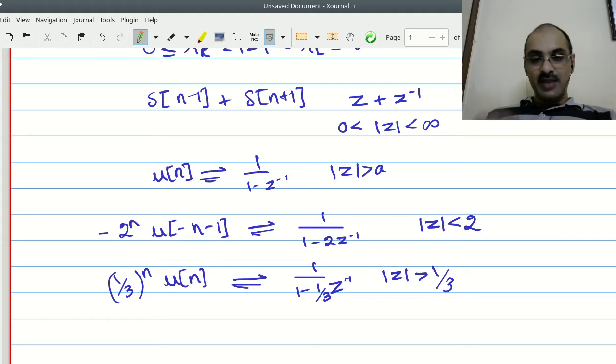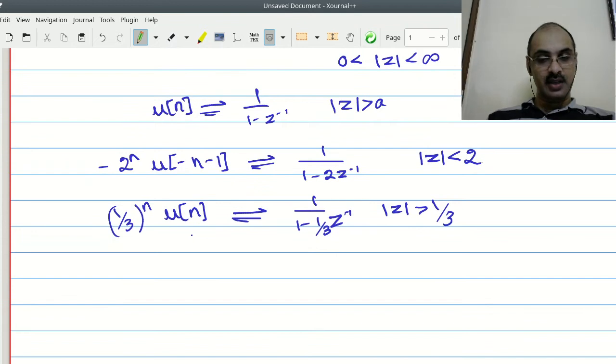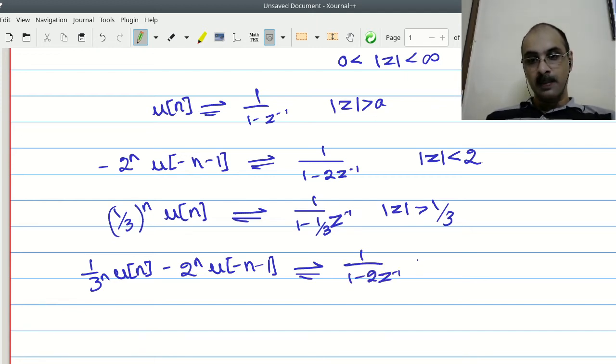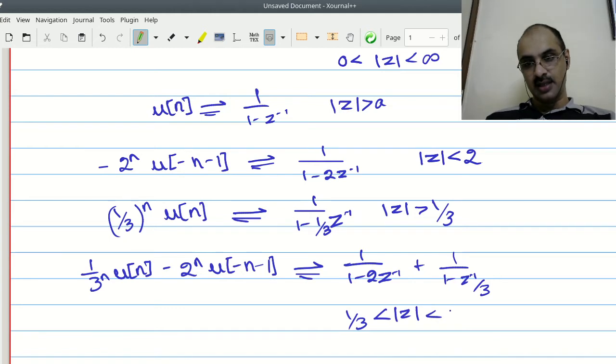So one thing we can do is we can add these sequences up, and if you do that, let us consider the sequence 1 by 3 to the power n u[n] minus 2^n u[minus n minus 1]. If you consider this sequence, then you are going to get 1 by 1 minus 2 z inverse plus 1 by 1 minus z inverse by 3, and as we'll see in another property, the ROC is going to be 1 by 3 less than mod z less than 2.